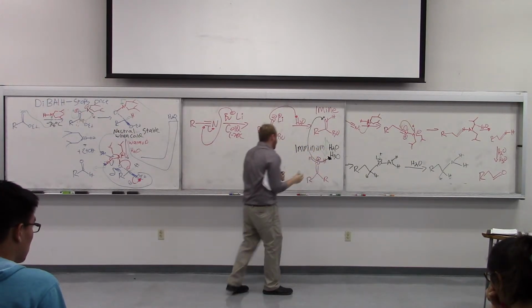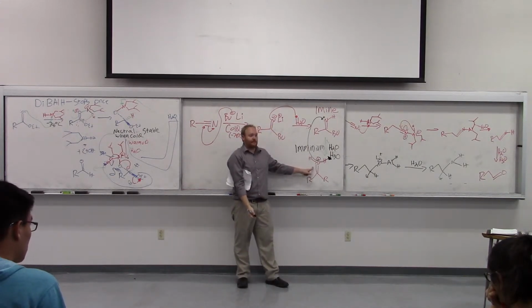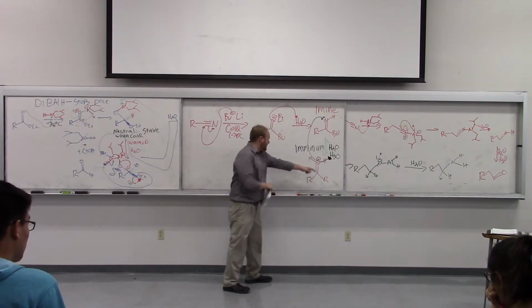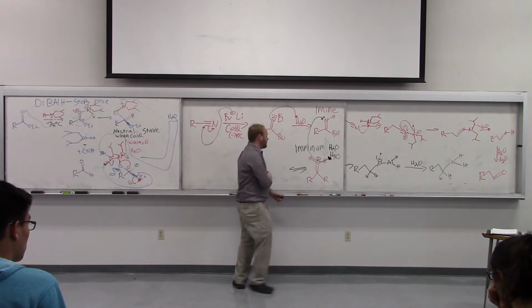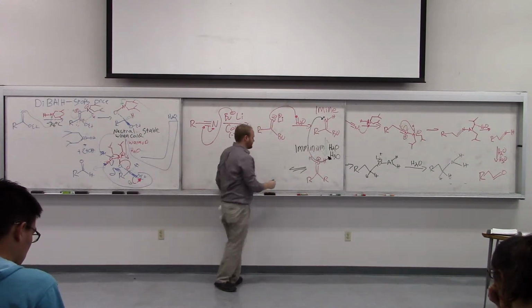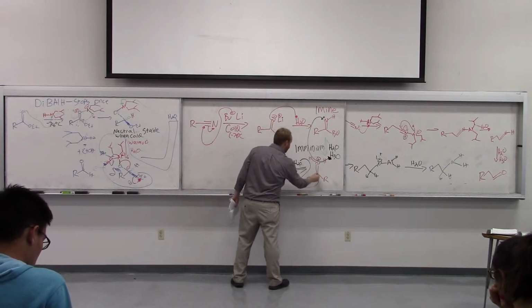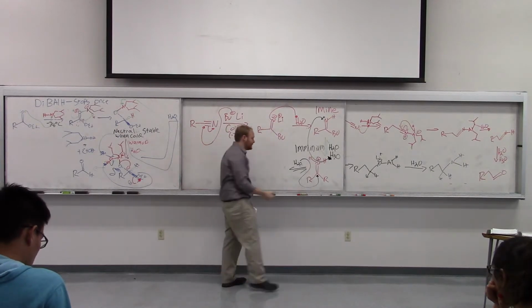M-N-E-M. Try saying that 10 times fast. So imines with a positive charge are iminiums. So we form this. And of course this is acid base, so it's reversible. The next step is the water is going to add to the carbonyl carbon of the iminium.